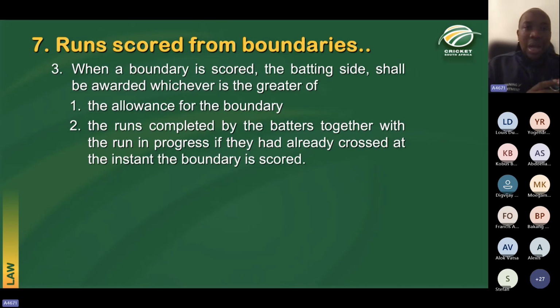So, a strange one. I've never seen 5 runs run and then the ball trickle over the boundary. I have in Australia seen 4 runs being run by batters, but I've never seen more than 4 run.